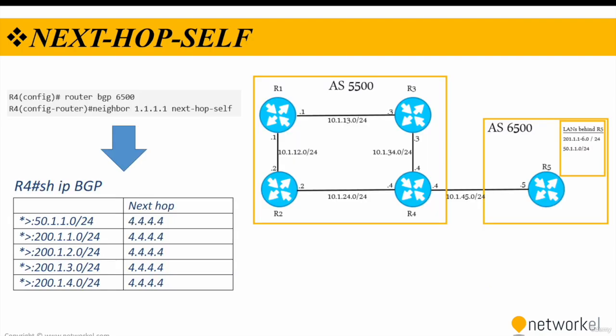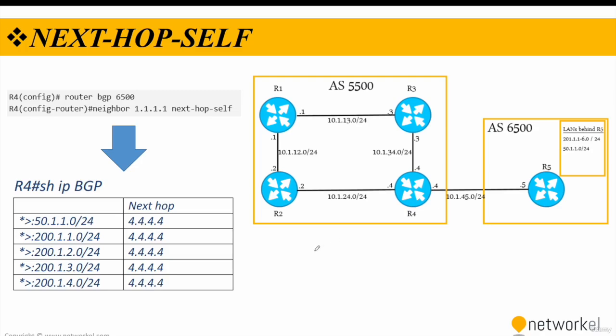So BGP next-hop-self is a command used in BGP configurations to influence the next hop attribute of BGP routes. It mainly sets the next hop IP address for BGP routes to the IP address of the local router's interface. This is particularly useful in iBGP scenarios to ensure that all internal routes use the same next hop address.